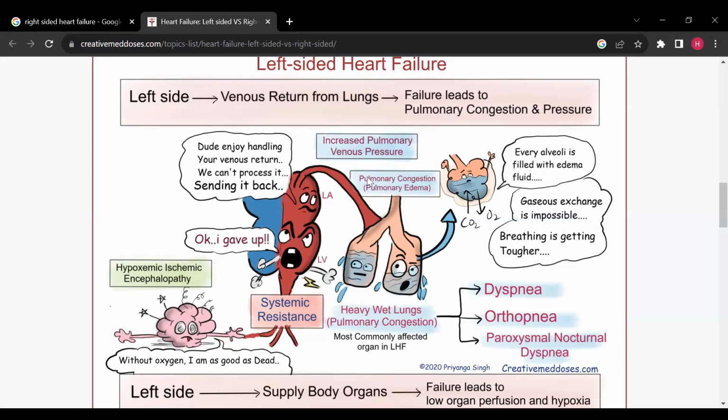With left-sided heart failure, you see pulmonary symptoms like pulmonary congestion, pulmonary edema, and breathing difficulties, which cause dyspnea, orthopnea, and paroxysmal nocturnal dyspnea. I think that is when you're lying down. Does anybody know what paroxysmal nocturnal dyspnea is?